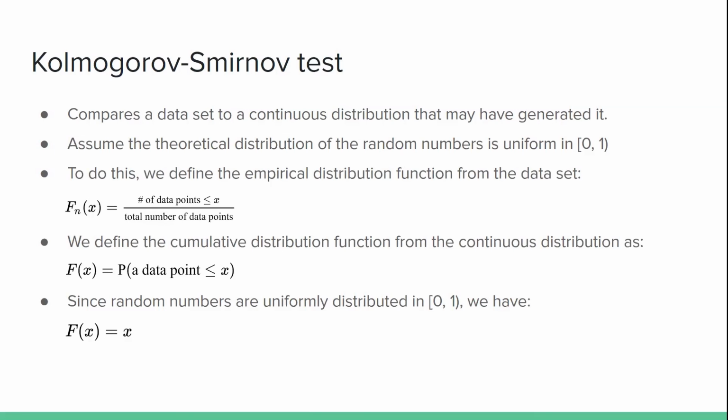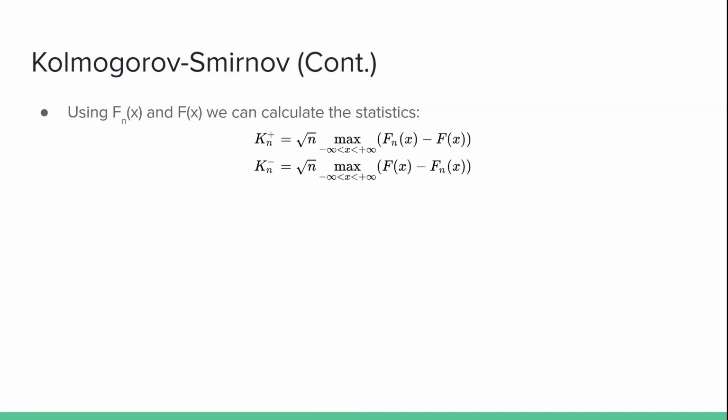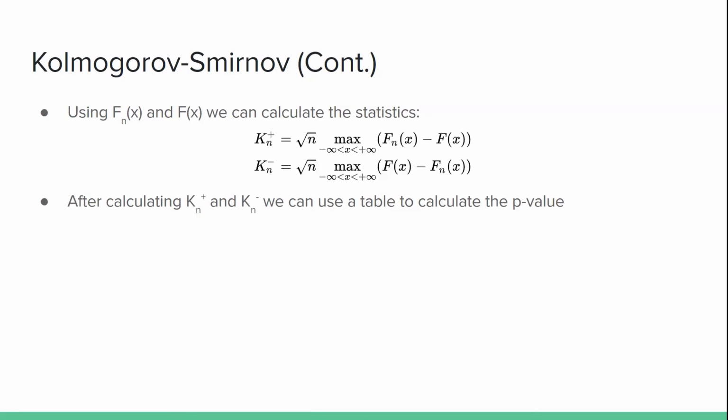And so using these two, we can plug this into the Kolmogorov-Smirnov statistic, which is Kn plus and Kn minus. And these basically measure the greatest deviation between the two functions at any point. And using these two, we can use a table like in the chi-square test to calculate the threshold p-value to say whether the values that we get are too extreme or not.